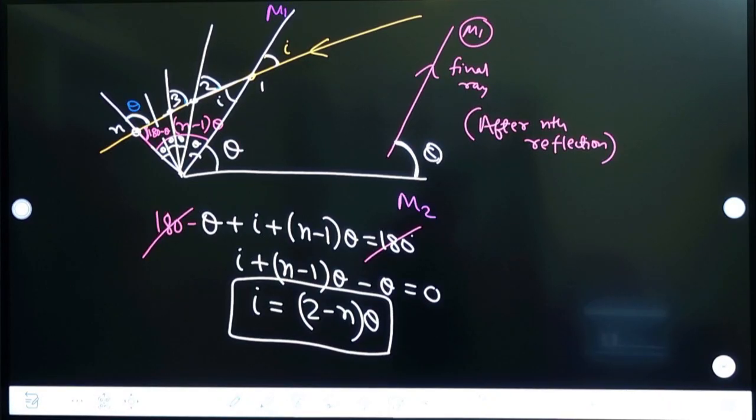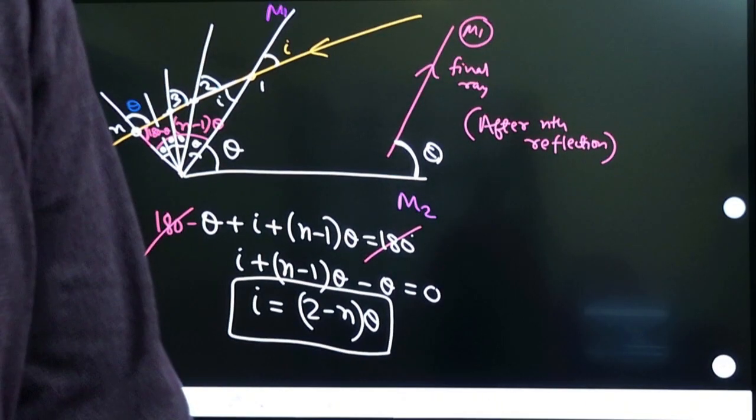Inclined mirrors only we have discussed. Refraction we have not discussed. The path of rays we already discussed. Number of images we discussed. Okay, so we'll start with refraction today.